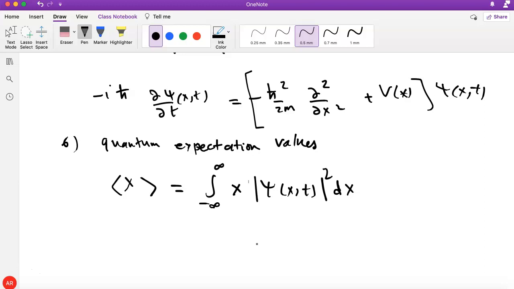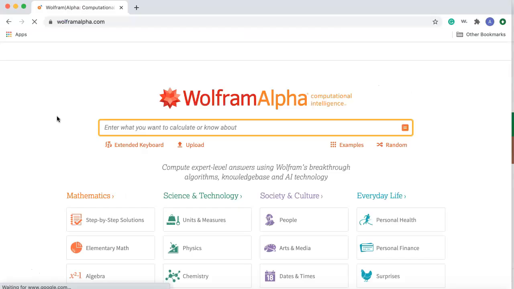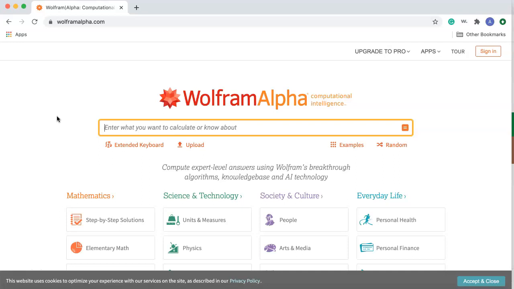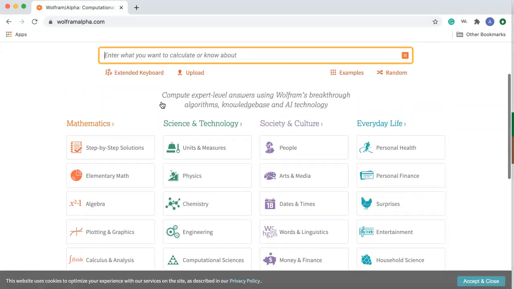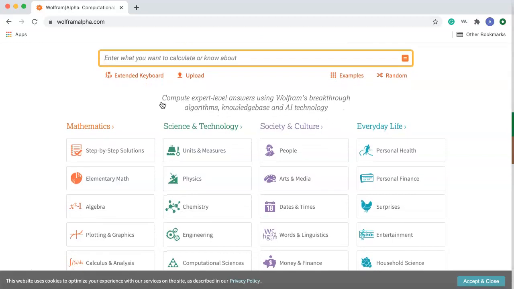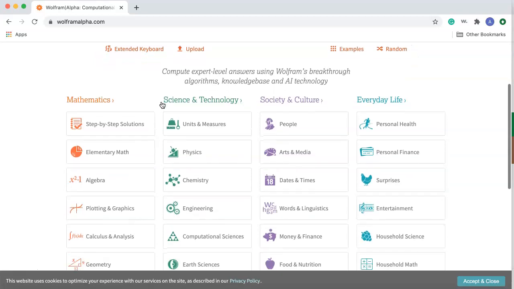All right. So I wanted to take a second and also tell you a little bit about Wolfram Alpha. This is a free web-based application that we can use to do integrals and things like that for the homework. As it said in homework 2, you don't need to do the integrals by hand.